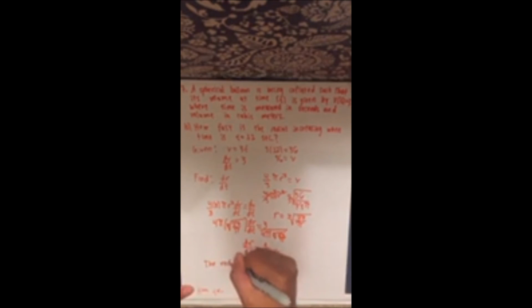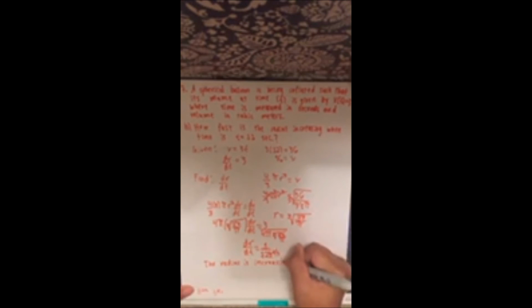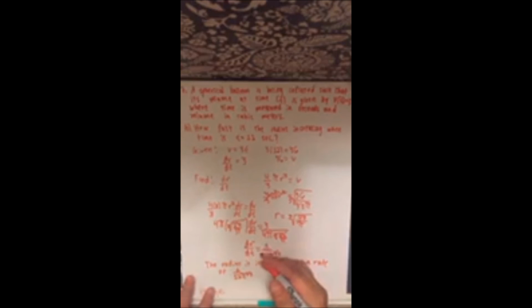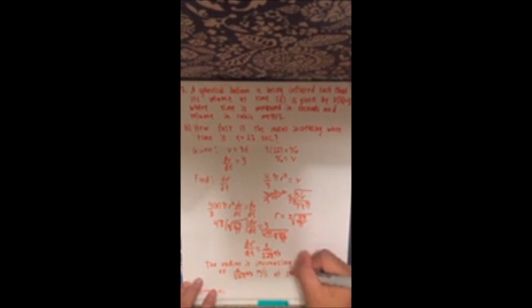So the radius is increasing at a rate of 1 over 12 pi to the 1/3 meters per second at 12 seconds.